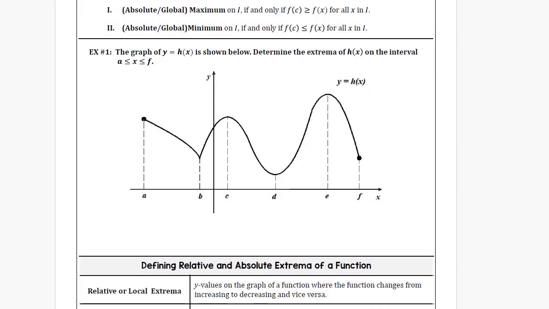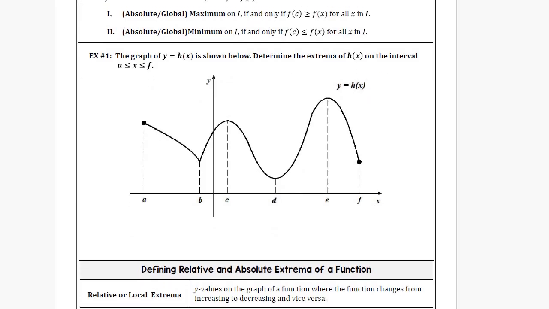In this example, it says the graph of y equals h of x is shown below. Determine the extrema of h of x on the interval from a to f. We first want to find our global or absolute extrema. I tend to use the word absolute more often than not, but you will see either one.